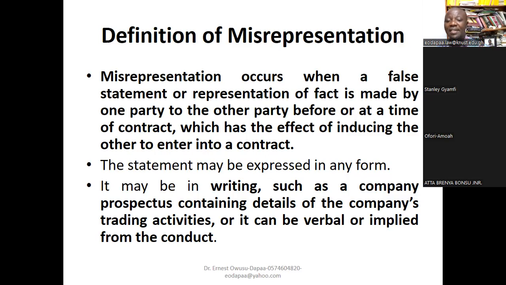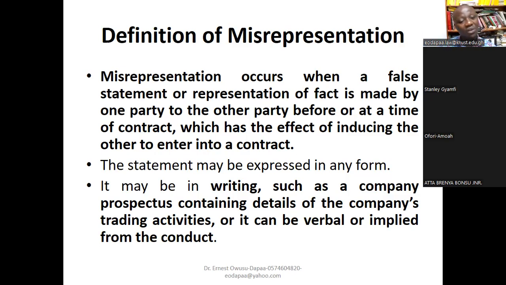Induced means that he or she is supposed to have been influenced to enter into the contract. And what that means is that had it not been for that misrepresentation, he or she would not have entered into the contract. So where these things are there, then we could say that misrepresentation exists.